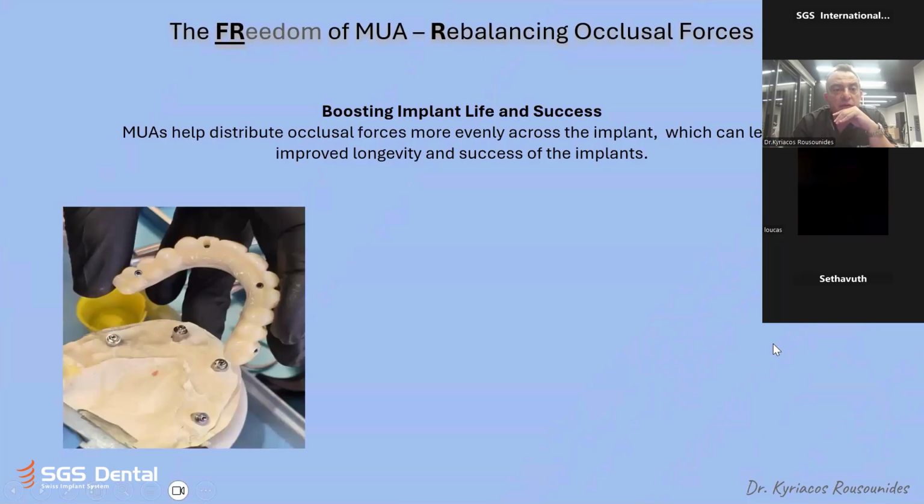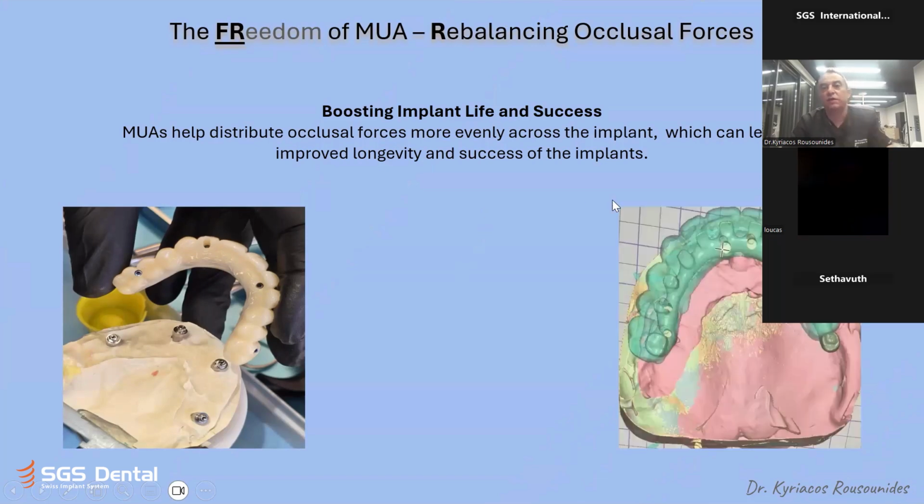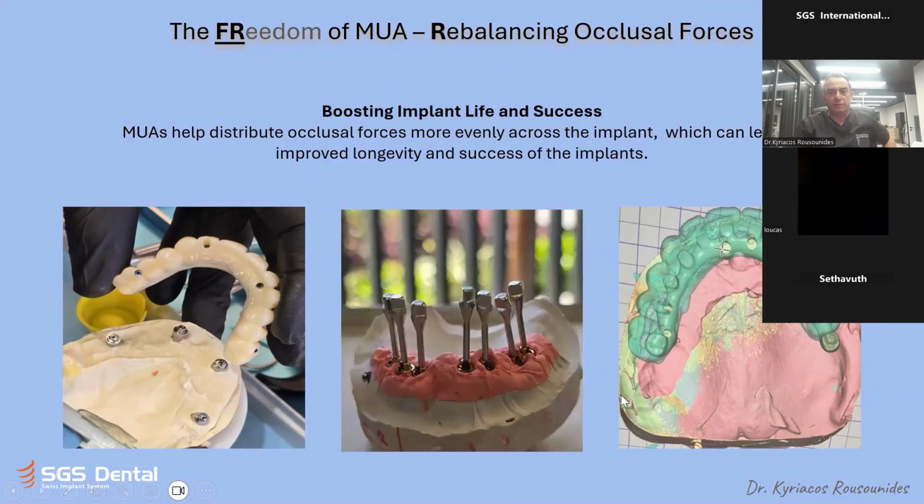This is an immediate loading case. This is a temporary part immediately after surgery. We see that in connection with our lab, we can have the scan from the temporary and adjust the angle of the multi-unit some months later when we take the final impressions for the final prosthetics.